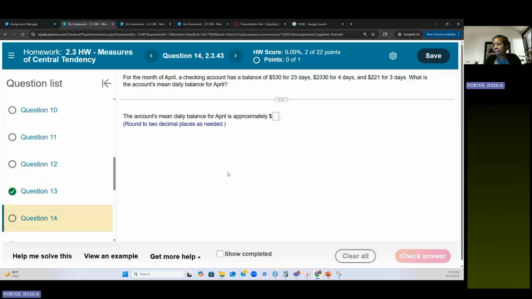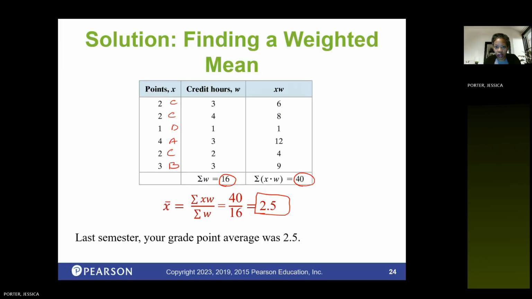Is there anything else? Oh, okay. Now, on this question, I'm bringing it up here so you can see the strategy. Can I write on this? Let me get to my Teams window and see if I can. It's not going to let me write on that.